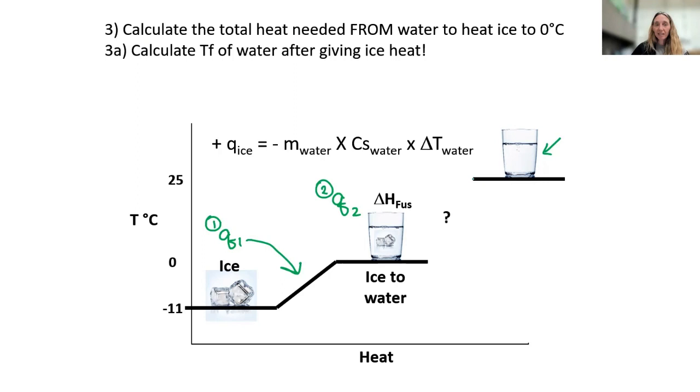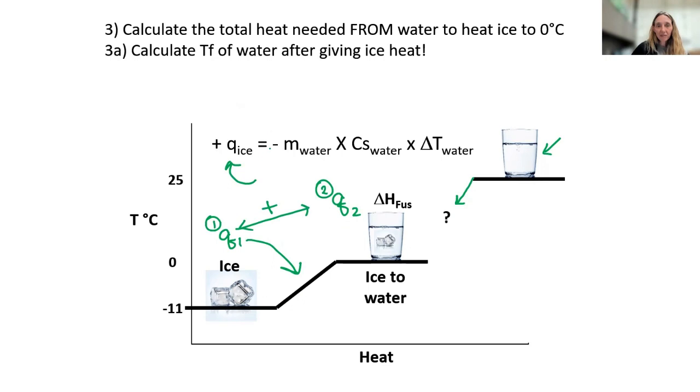And so this temperature is going to go down as the water gives the heat to the ice, okay? So my 1 and 2, we're going to add these together, and that's going to be how much heat the ice needs, okay?